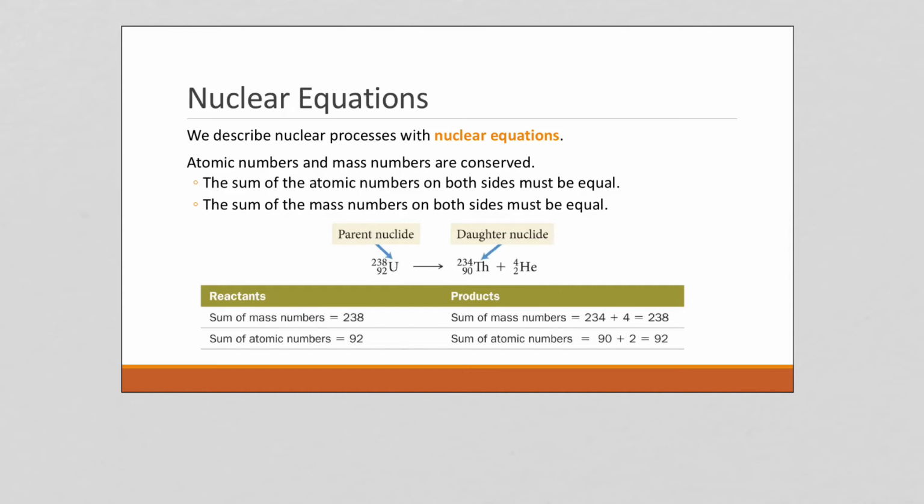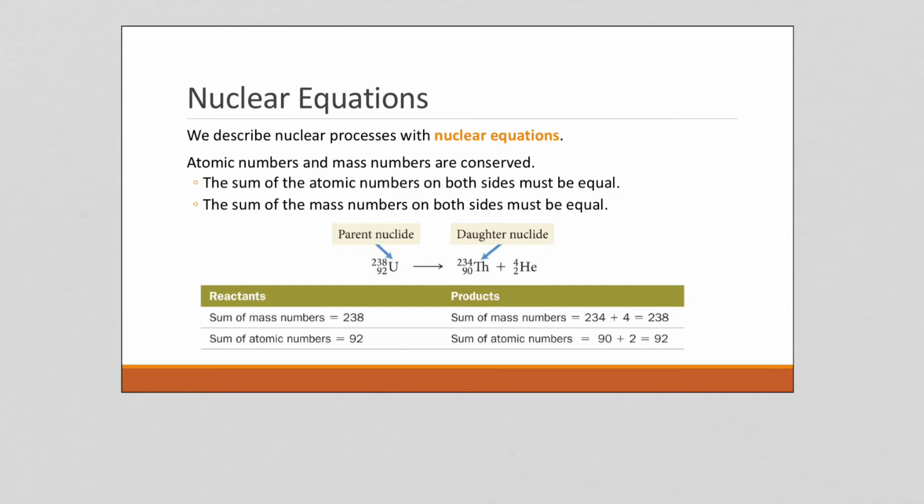You can see here we have a mass number of 238 on one side, and 234 and 4 on the other, which is 238. And the bottom numbers, the atomic numbers, must also add up: 92 here, 90 and 2 here. So we must have a balanced nuclear equation, meaning the top numbers have to balance and the bottom numbers have to balance on both sides of the equation. That's how we balance a nuclear equation.